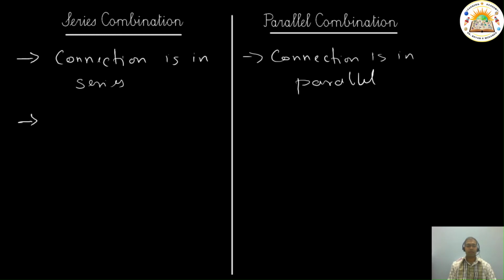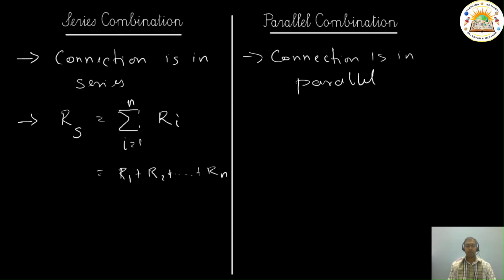Let's look at the second difference. Here if I'm going to take a combination of resistances, let's say, series combination, it is going to be just a normal addition of all resistances. That means if I take n resistances, I have written it using the summation, where Ri, subscript i, means I can substitute 1, 2, 3. It is something like this: R1 plus R2 plus etc. up till Rn, we sum it up.